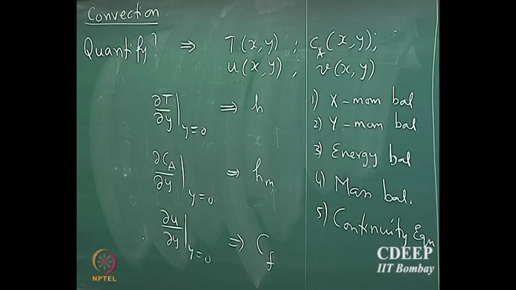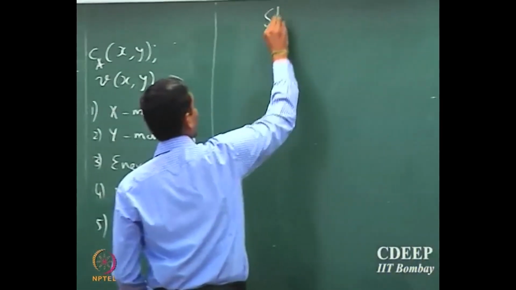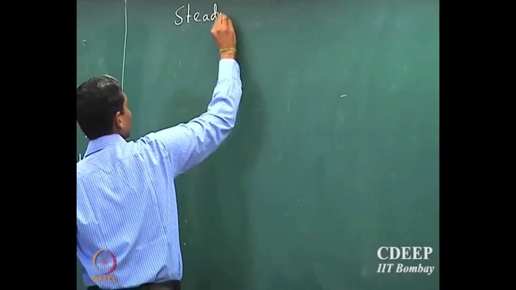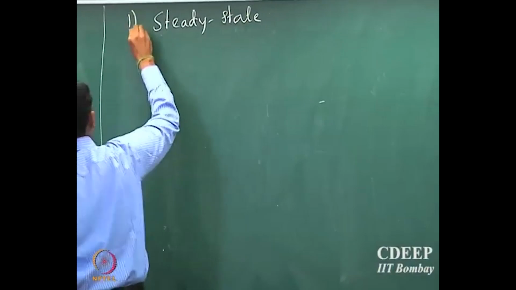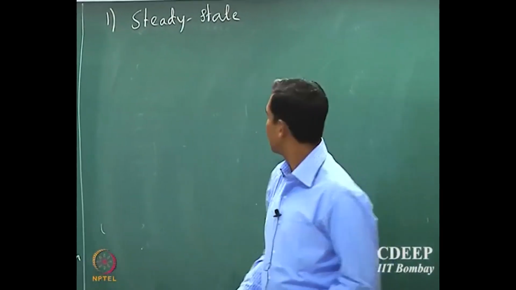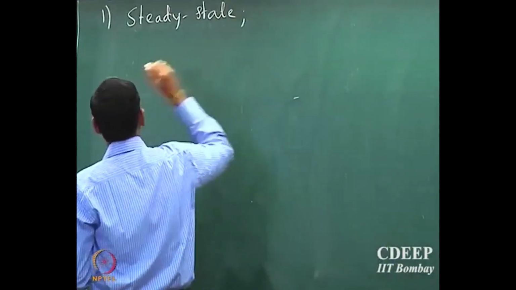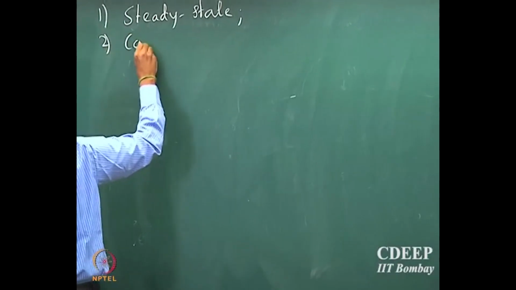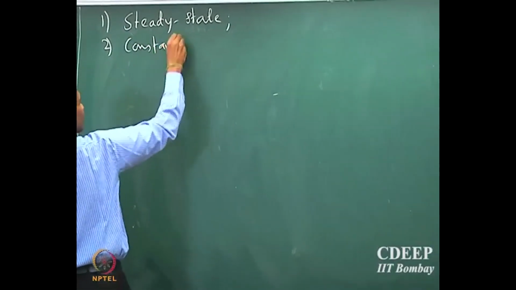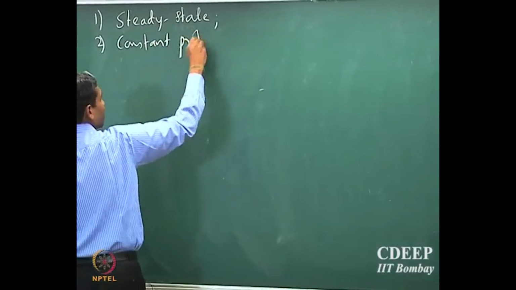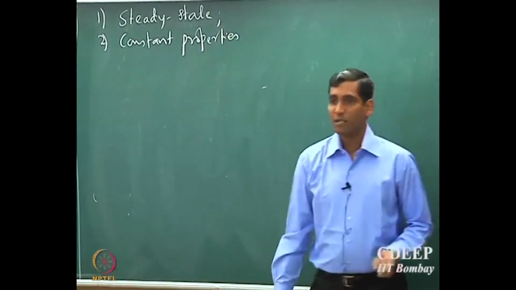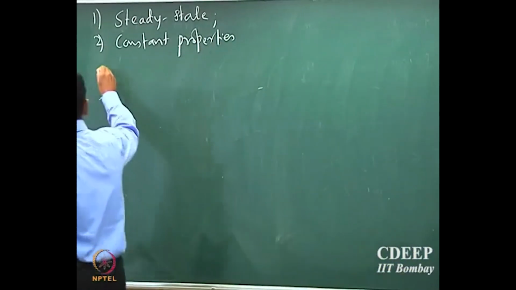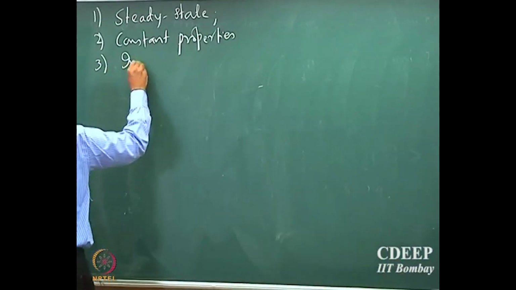Okay. So suppose I assume that it's a steady state process, and I assume that the properties are constant, which is not a bad assumption to make, and I assume it to be an incompressible fluid.